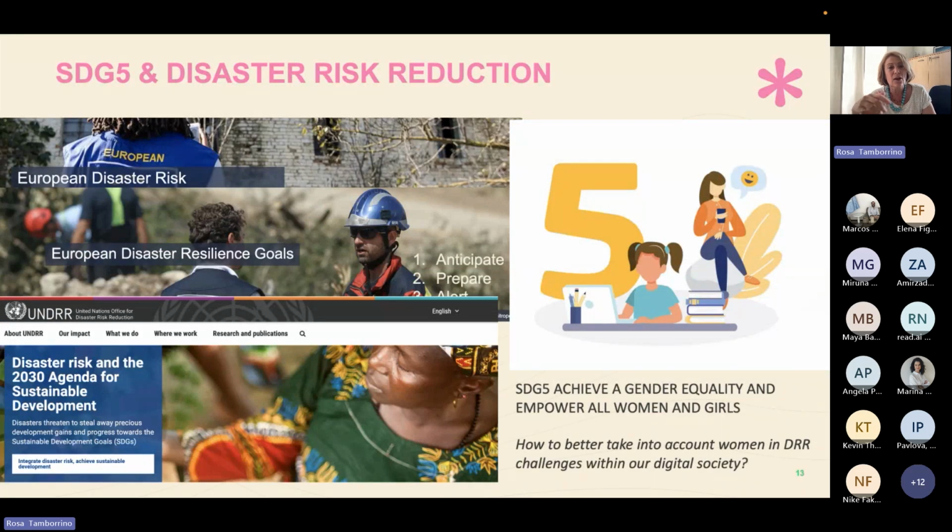So we also need to consider, among the sustainable development goals, other kinds of aspects, such as improving gender equality and empowering women and girls, and we should also improve this important action for disaster risk reduction by considering diversity as a positive component of our world, learning from heritage, which tells us about this rich diversity, something that should be treated as a positive aspect that can also improve preparedness.